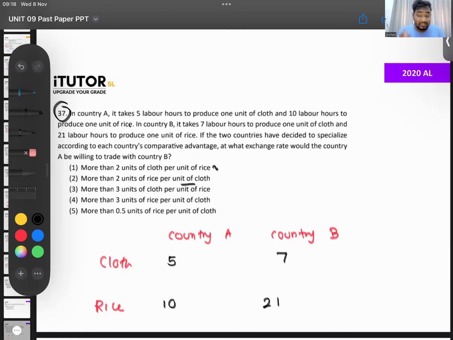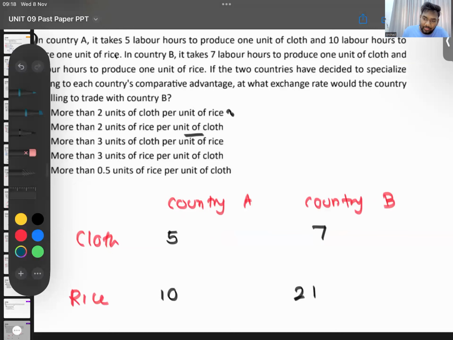Remember, this is what data? Input data. Remember, when finding the opportunity cost, you have to use the shortcut, no? How do you find it? For cloth, country A, simply take the number for cloth, divide it by rice.